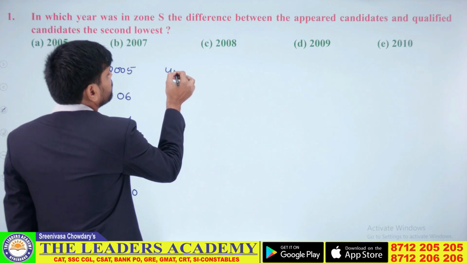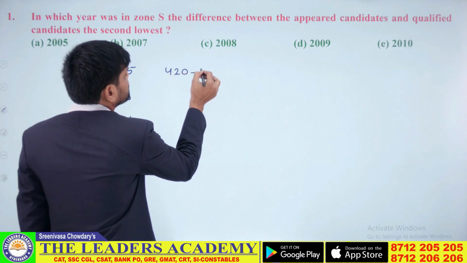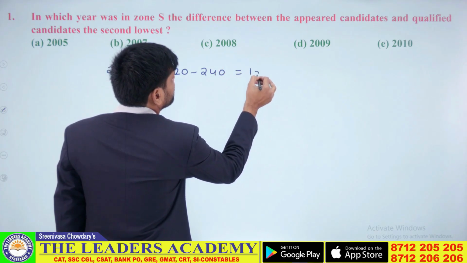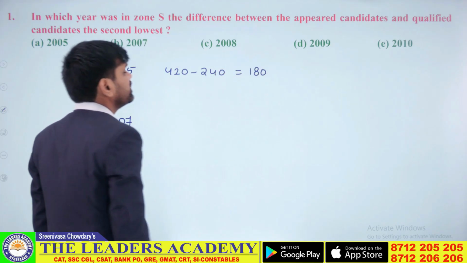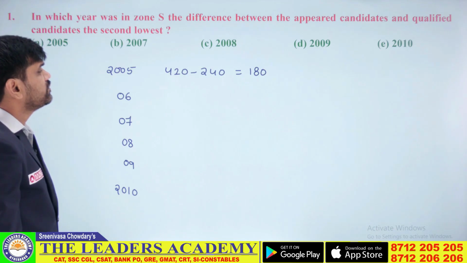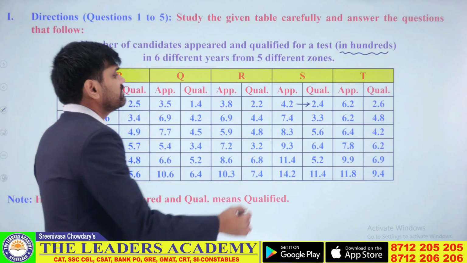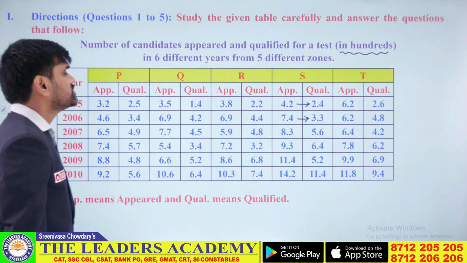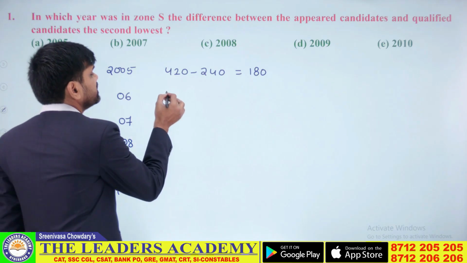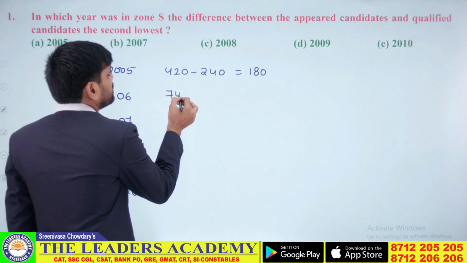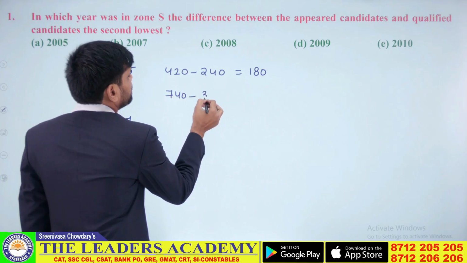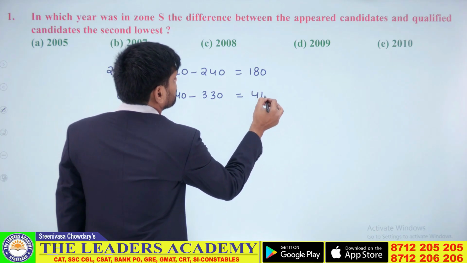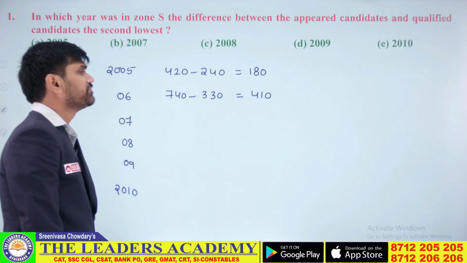So 420 minus 240 is equal to 180. In the year 2006, 740 minus 330. Difference is how much? 410.